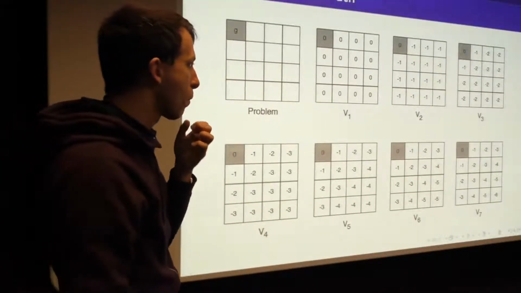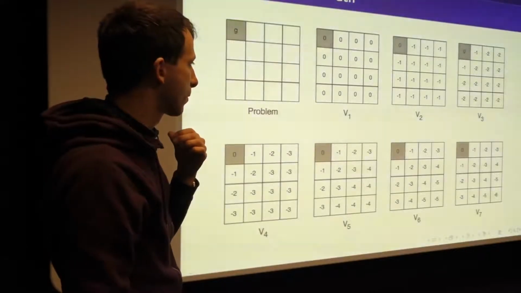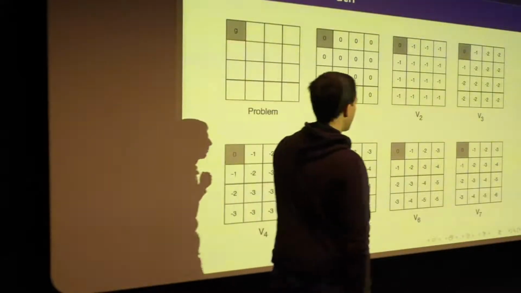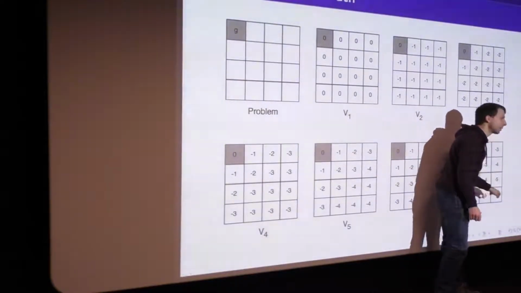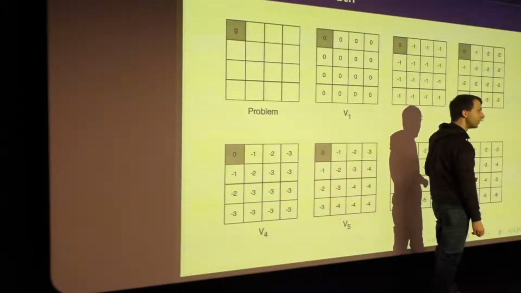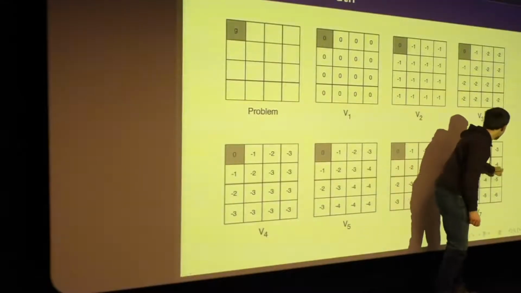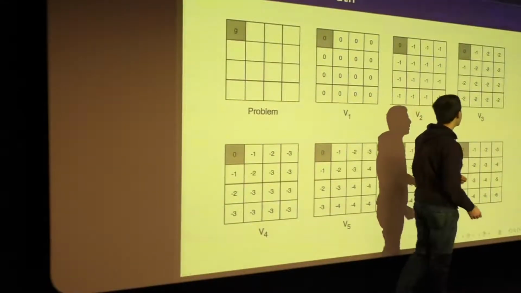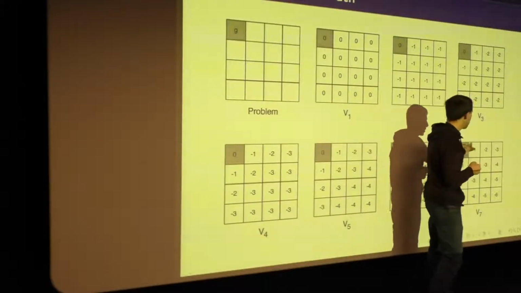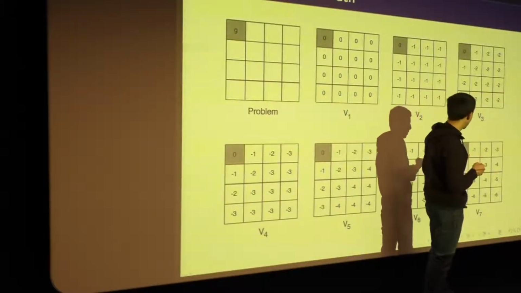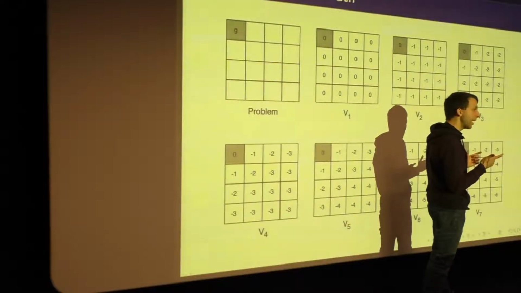Minus 6. How would we get minus 6 from that position? 1, 2, 3, 4, 5, 6. But you don't get minus 1 when you... Sorry, the other way. Final step. 1, 2, 3, 4, 5, 6. So the definition of the small grid world was that every transition gets you minus 1 reward as you exit the state.